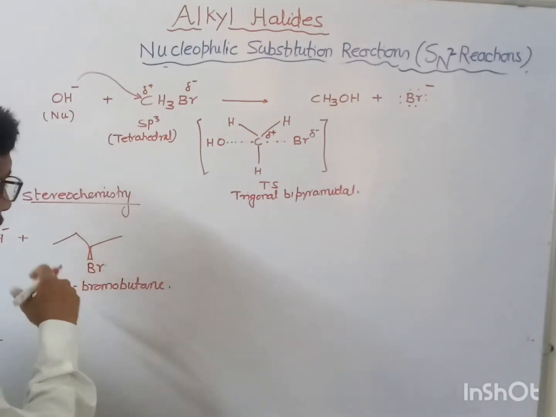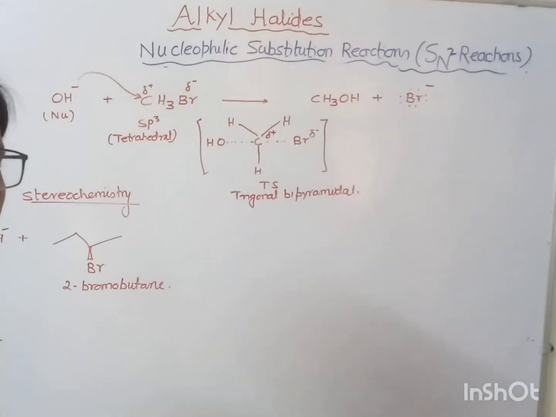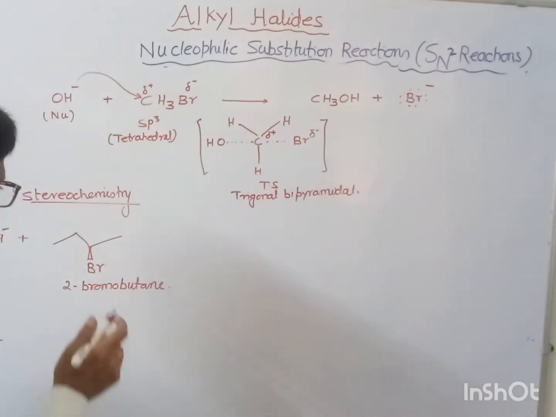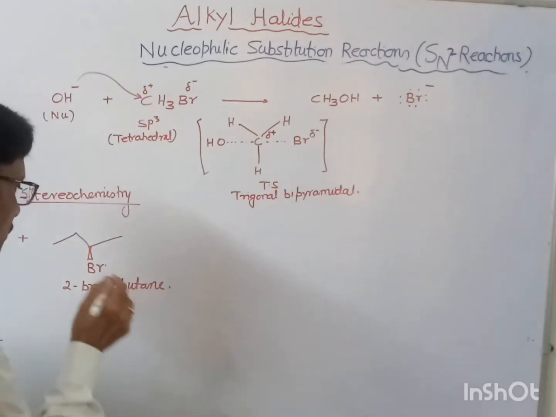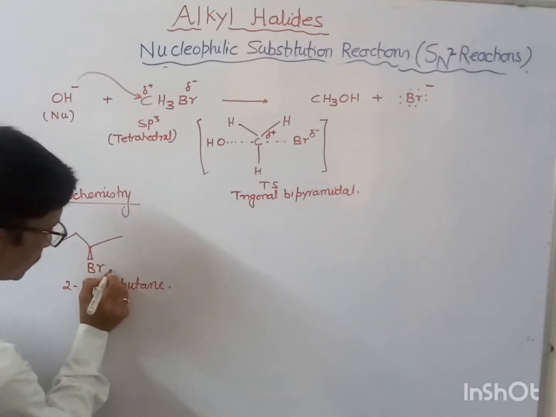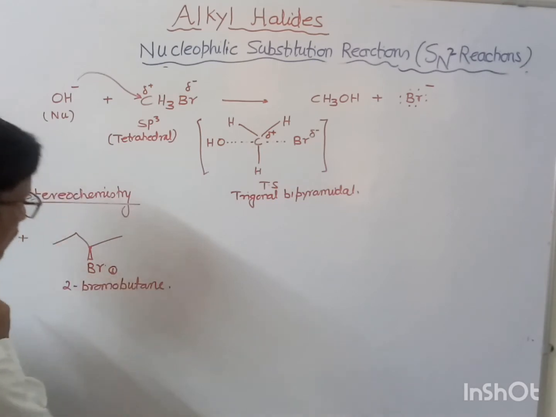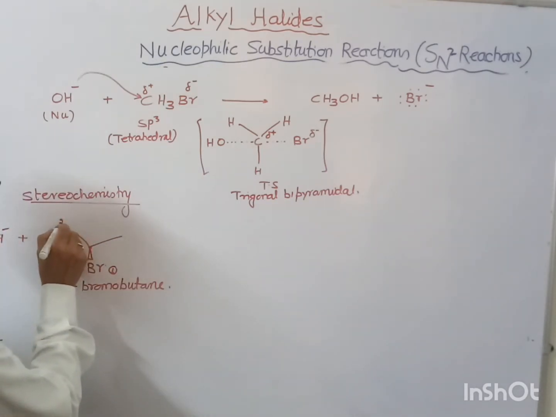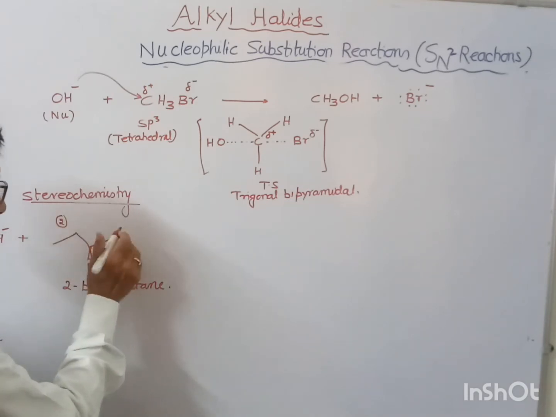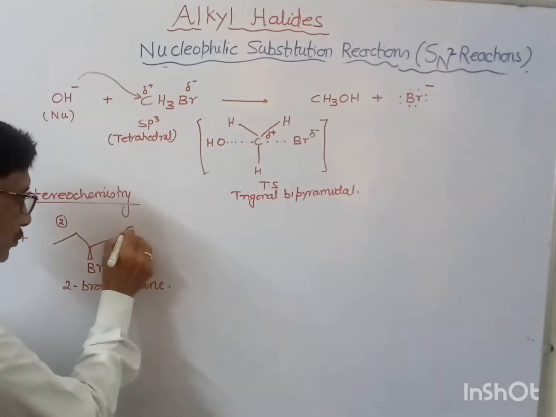If I want to decide whether it has the R configuration or the S configuration, first of all we should give priority to the groups. The bromine should be given priority number 1, the ethyl group priority number 2, and the methyl group priority number 3.